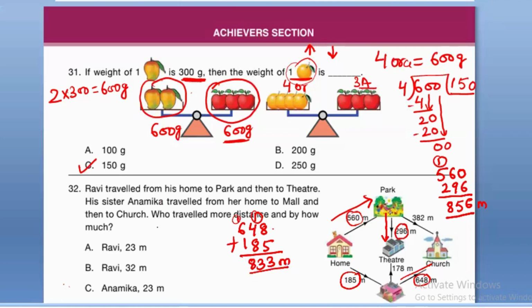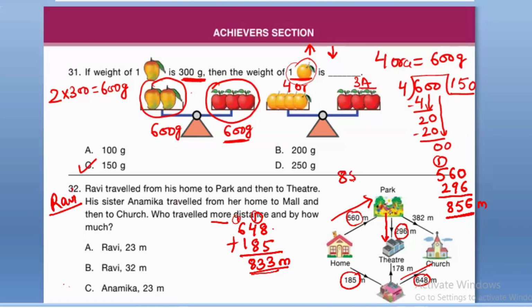Now the question is asking who traveled more. Ravi traveled 856 meter and his sister traveled 833 meters. So who traveled most? Ravi traveled most. Now the question is asking by how much. For this, we need to subtract 833 from 856.